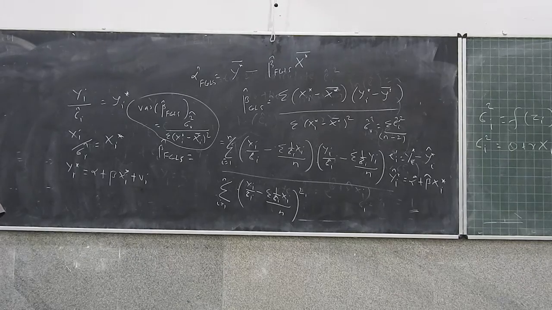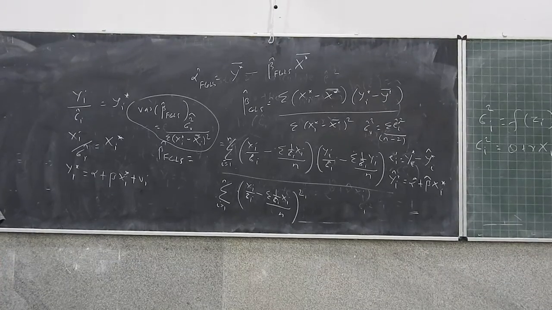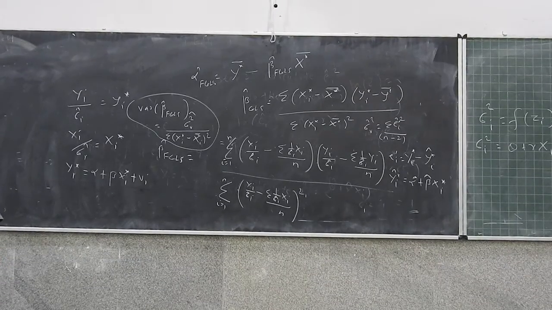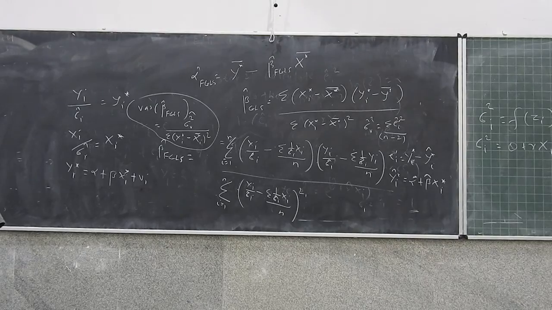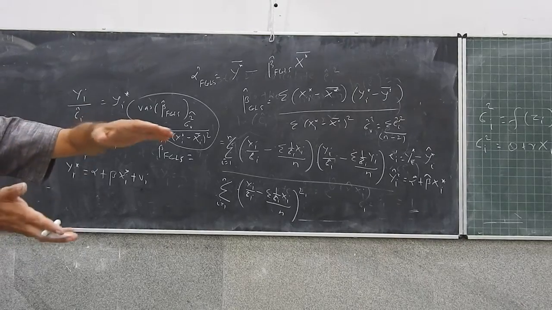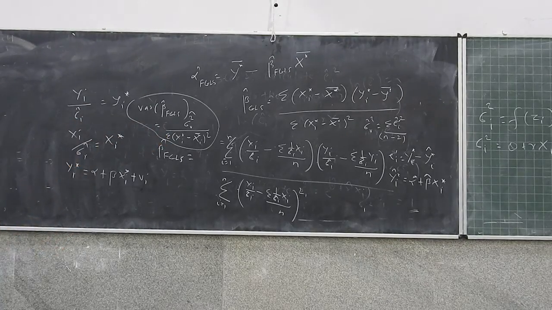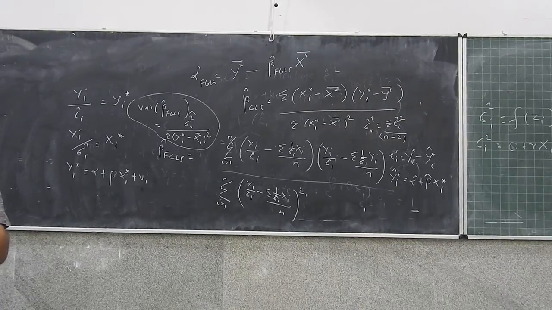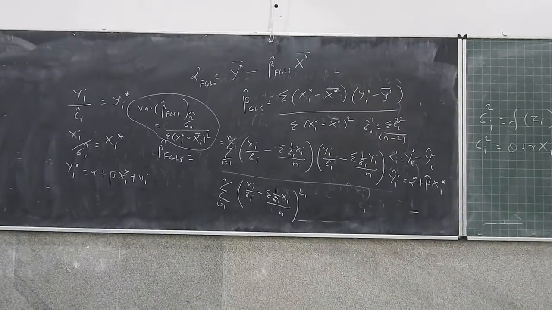See, GLS is a general strategy. For example, if you have autocorrelation, then you do a GLS in a certain way. You do yt minus phi hat yt minus 1 as y star, and xt minus phi hat xt minus 1 as x star. So if you have autocorrelation, you will do GLS in a particular way. If you have heteroscedasticity, you will do GLS in a particular way. So if you do GLS in a particular way when there is heteroscedasticity, you get WLS.